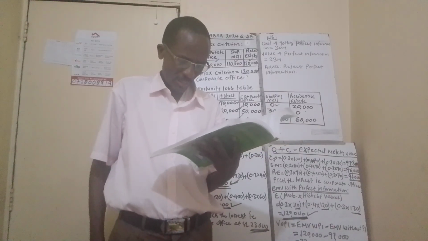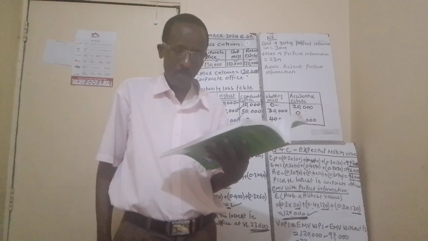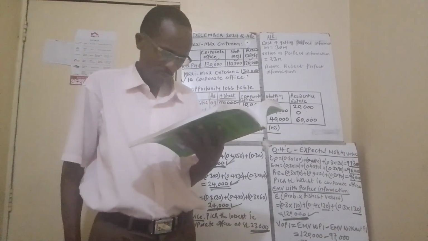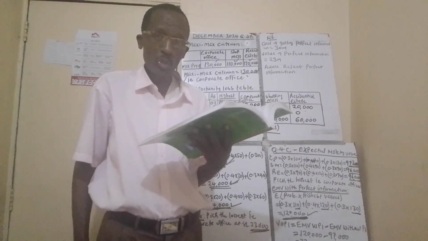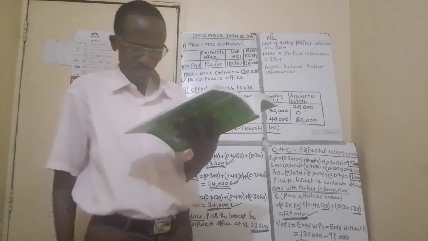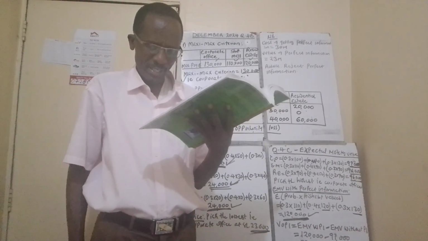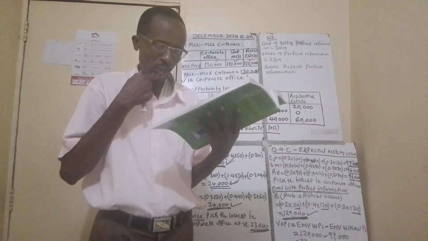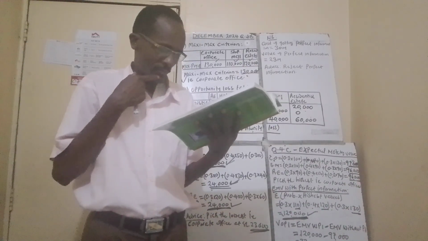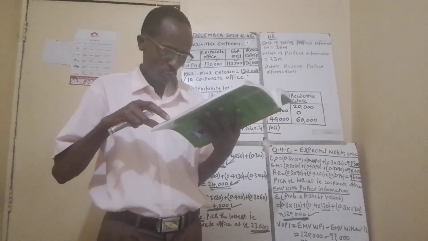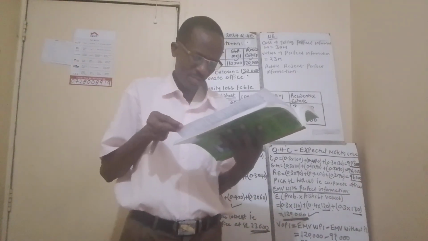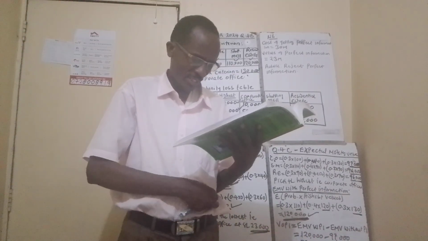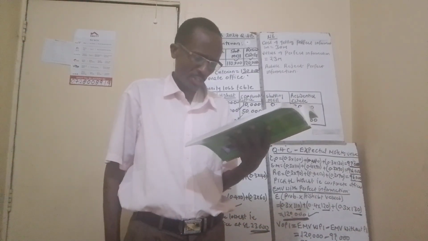Lambda Investment Limited is contemplating acquiring perfect information from an investment research firm about the viability of the investment opportunities. The investment research firm is willing to provide perfect information about the investment project at a cost of shillings 30 million. Using suitable computations, advise Lambda Investment Limited on whether or not to acquire the perfect information from the investment research firm.